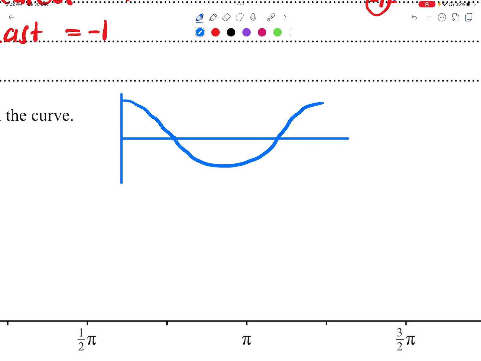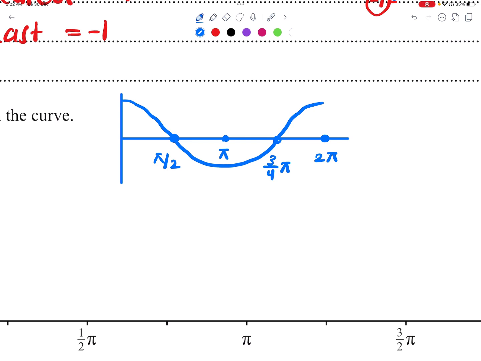So first of all, it intersects at 90 degrees, which is basically pi by 2. There is no intersection at pi, and then there is an intersection at 3 over 4 pi. And then over here at 2 pi, there is no intersection.